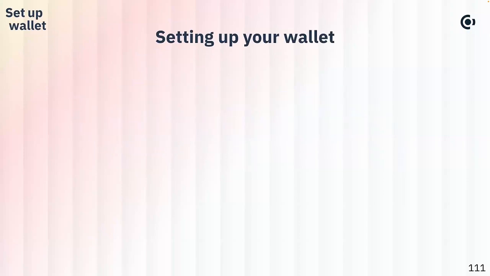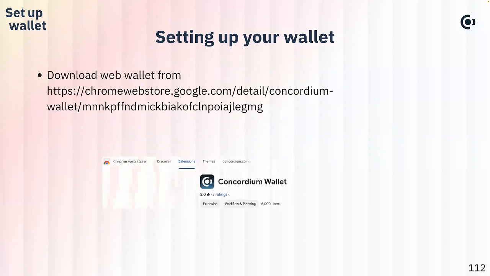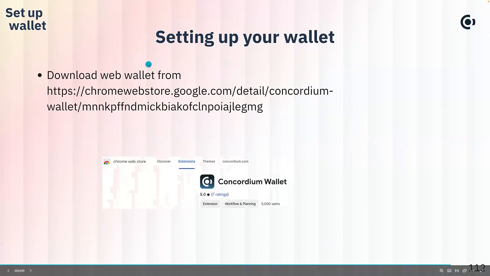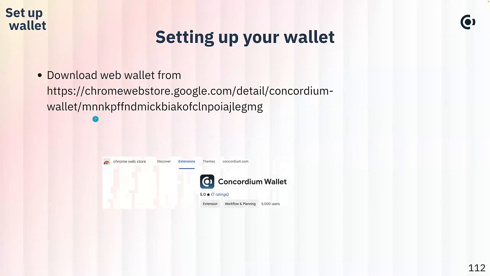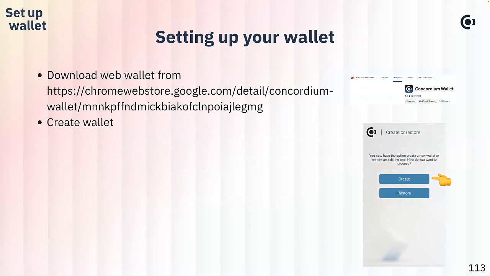This is the next part, because we want to show how to also deploy and initialize the contract onto the chain. So you can download the Concordium wallet from this web address, from the Chrome Web Store. It works for most Chromium-based browsers.